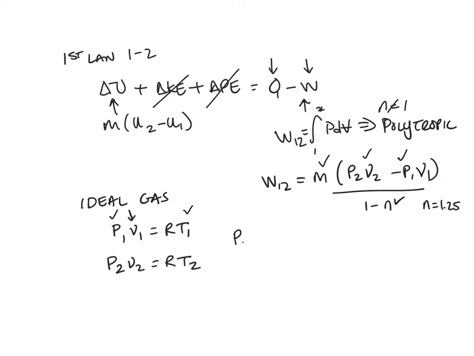We also know that P1 V1 to the 1.25 is equal to P2 V2 to the 1.25. In this case, we now know V2, pressure 1 was given, and we could use the ideal gas law to solve for V1, which would give us our last pressure. So it allows us to work through the problem in a more expedient way.